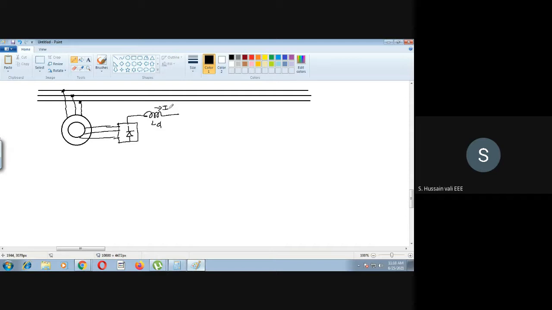The current here is ID. Then after that we have a thyristor bridge. The output of this thyristor bridge is going to the transformer.